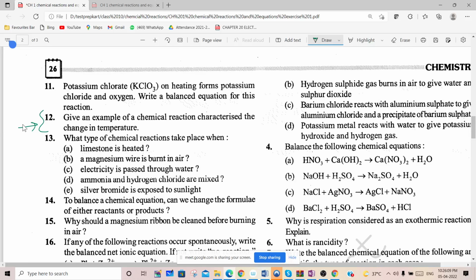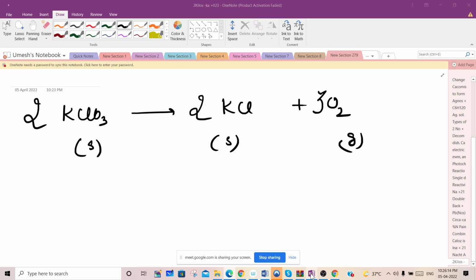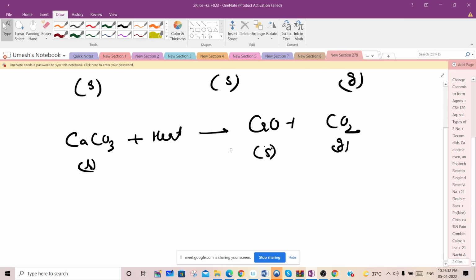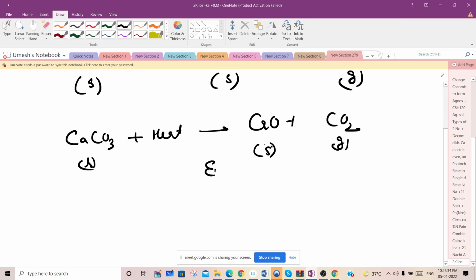So for the example, can we give CaCO3 plus heat, that if we heat it, it gives CaO plus CO2. So is this an endothermic reaction or exothermic reaction? Endothermic reaction. Okay. So this is an endothermic reaction.